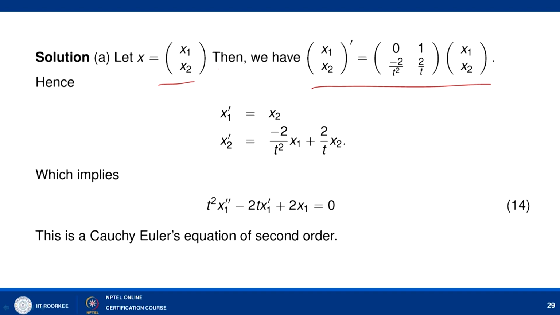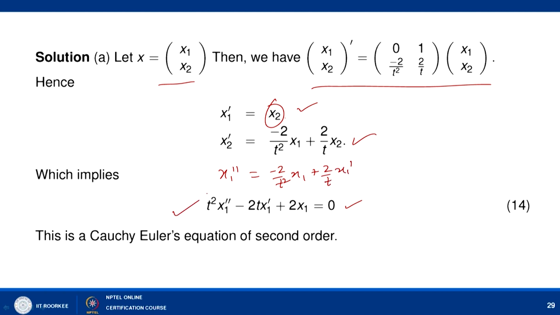So, we are trying to convert this into a second order linear differential equation. If we look at x as (x₁, x₂), then I can write x₁' equal to x₂ and x₂' equal to -2/t² x₁ + 2/t x₂. So, using the value of x₂ as x₁', we can write x₁'' equal to -2/t² x₁ + 2/t x₁'.